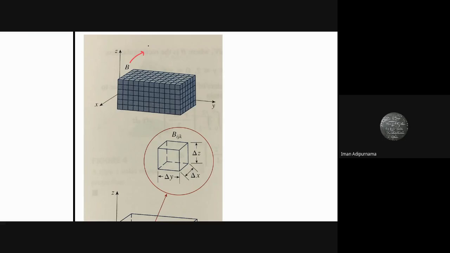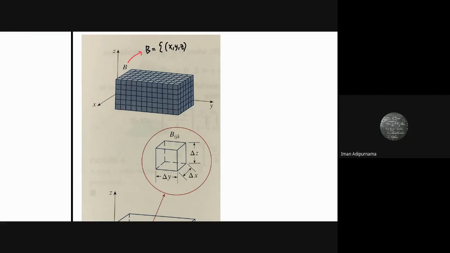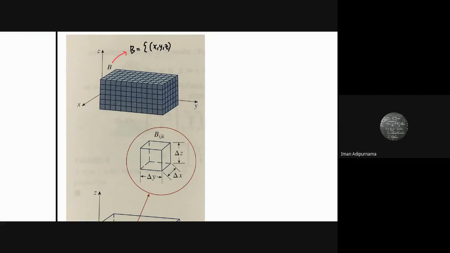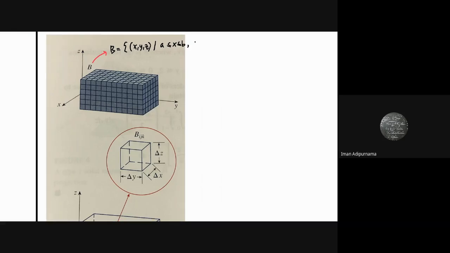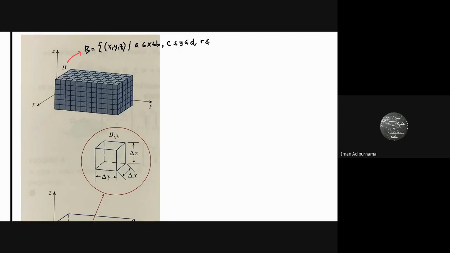And B is, let's define each side. Let's say these are the sides: AB for X, CD for Y, and RS for Z.